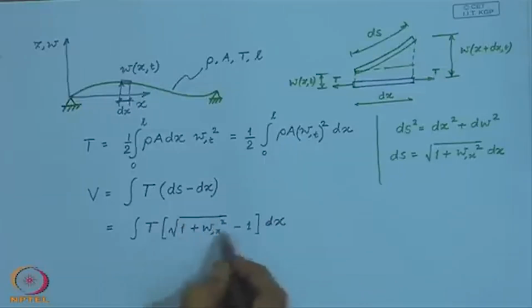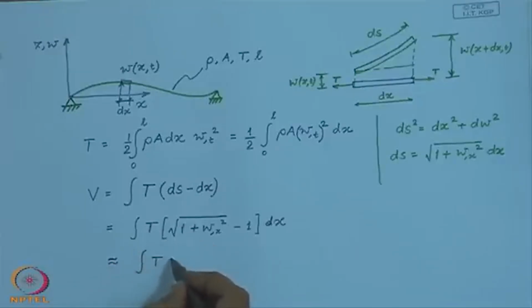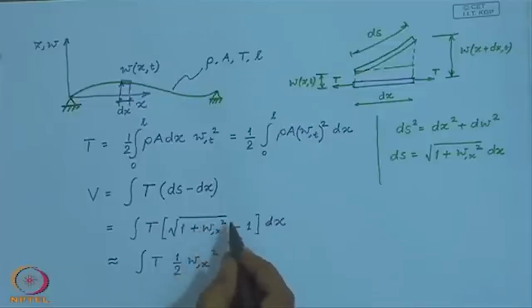Now, I expand this assuming that del w del x is small, which we have assumed. So, then this turns out to be 1 plus half del w del x whole square.